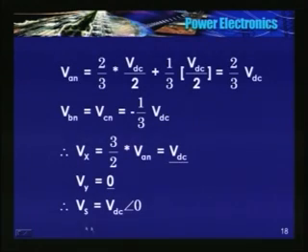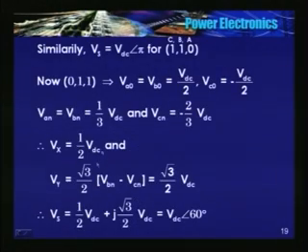So therefore for 0, 0, 1, I have a space vector which is equal to Vdc at an angle 0. So I can straight away write for 1, 1, 0, the magnitude of the space vector is Vdc at an angle pi radians.